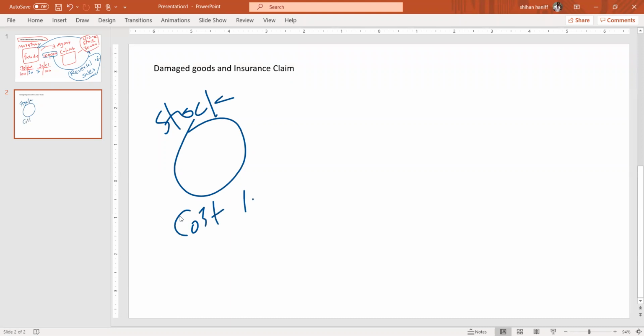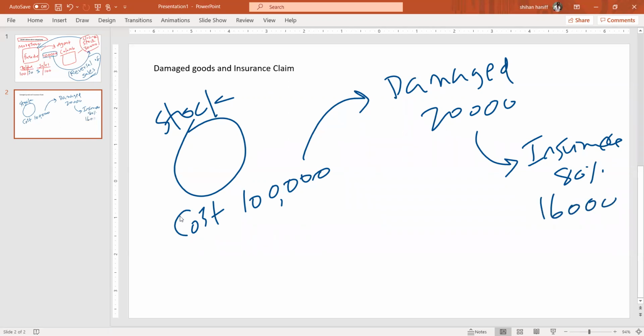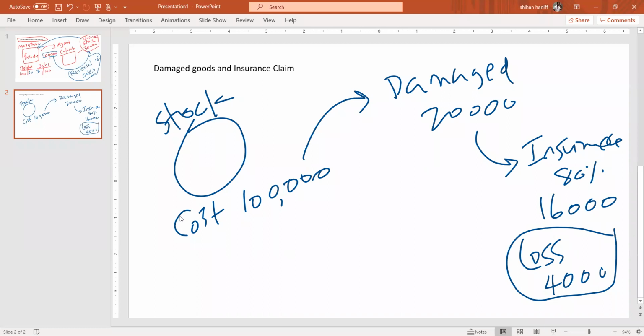Cost is 100,000. This includes damaged stock of 20,000. This is damaged. And the insurance company agreed to pay 80%. 80% means 16,000. So therefore, actual loss is only 4,000. Actual loss is only 4,000.